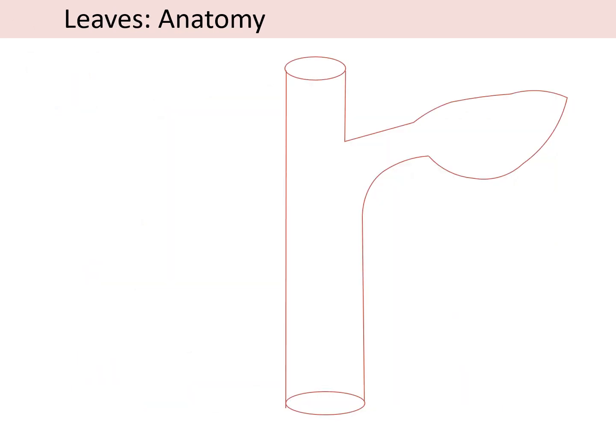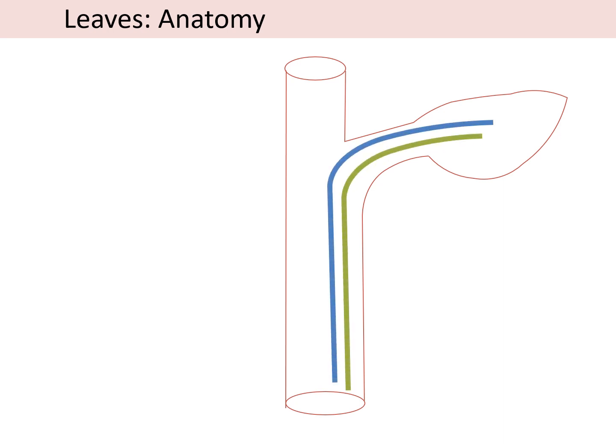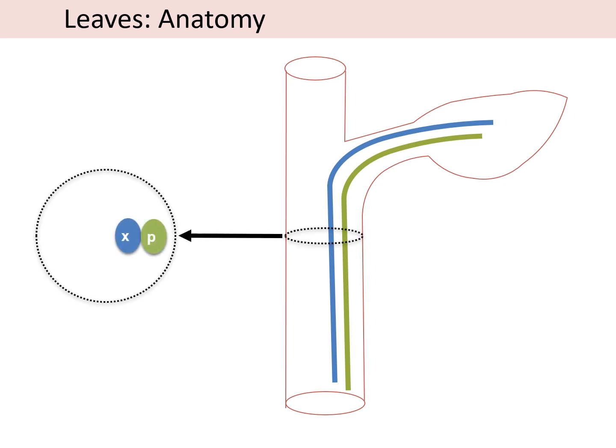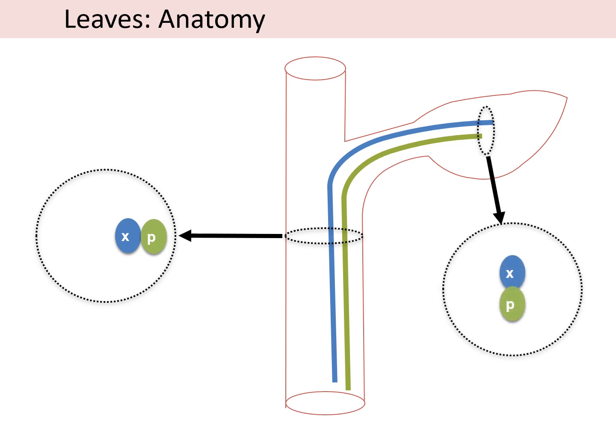And this diagram shows you how vascular tissue goes in the leaf. The vascular tissue in the leaf develops from the stem. Both xylem and phloem go to the leaf. Normally, in the cross-section of the stem, the phloem is outside, the outermost layer, and next is xylem. But in the leaf, you can see this is the direction of the phloem.